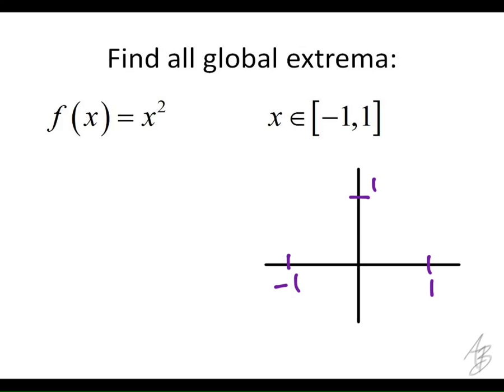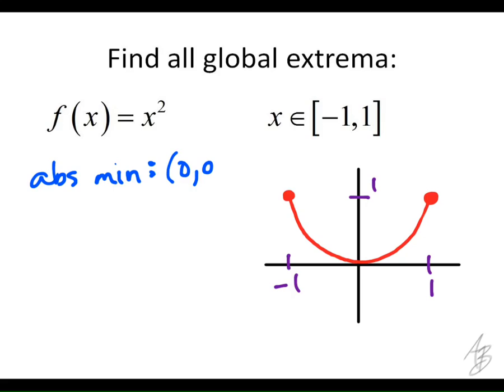So we are on the closed interval from -1, 1 to +1, 1. It's going to look like that. So where are we going to have an absolute minimum? 0, 0. I agree with that.